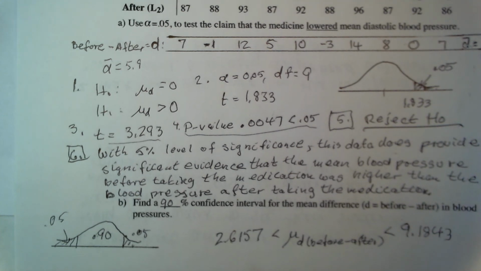So in other words, with 90% confidence, we can predict that average blood pressures were between 2.6 and 9.2 millimeters of Hg higher before the medicine compared to after.